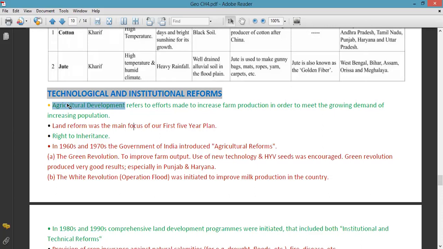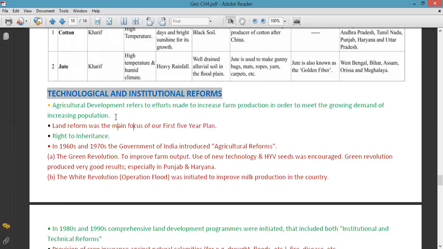It's the art and science of cultivation of land, including rearing animals. Okay, that is the definition for agriculture. Similarly, what do you mean by agricultural development? It refers to efforts made to increase farm production in order to meet the growing demand of an increasing population.